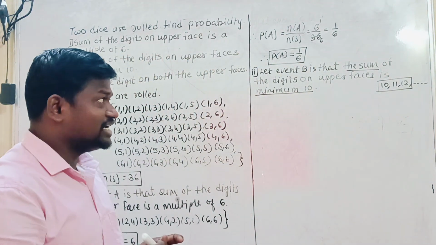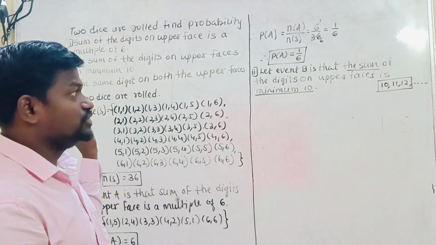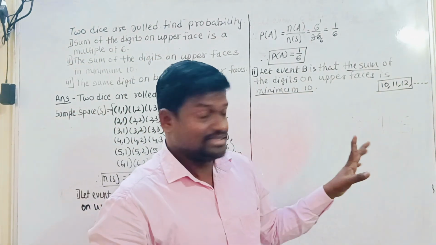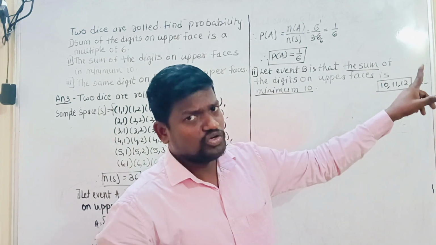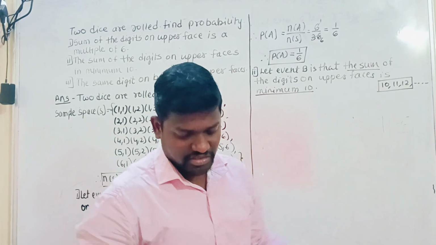Okay, so we have to find out where the total sum of these two faces is 10, 11 or 12. When we find this, we have to write down in answers.